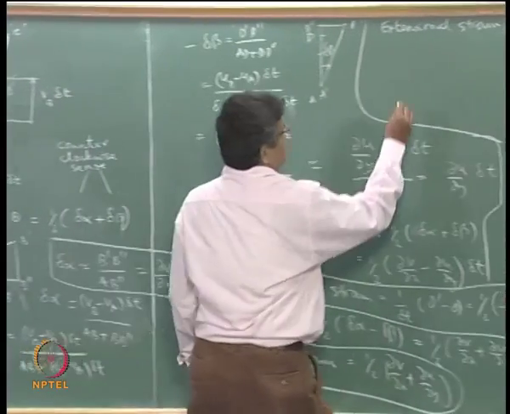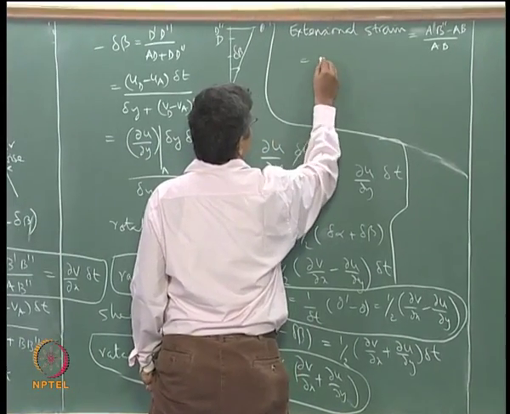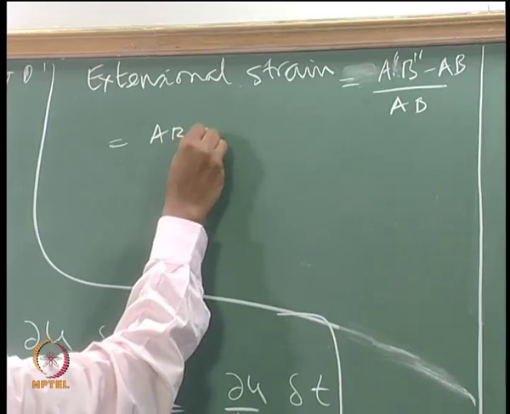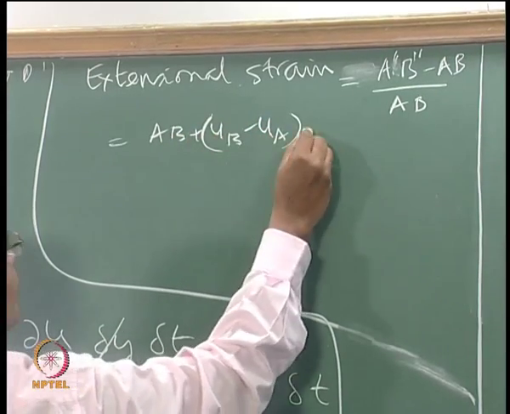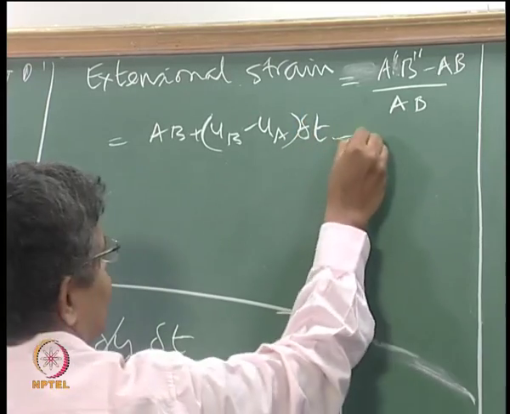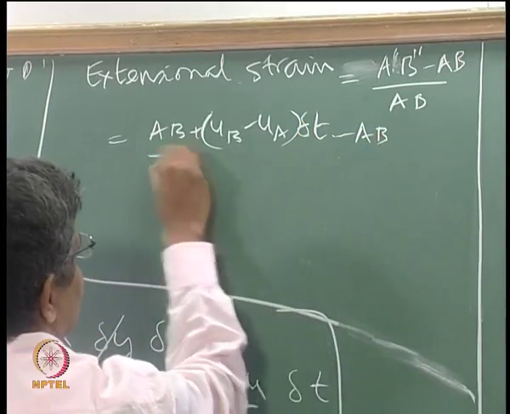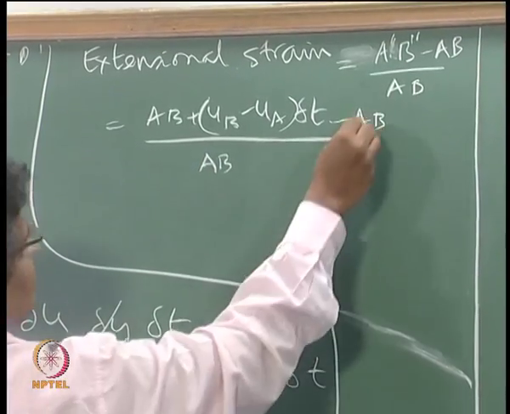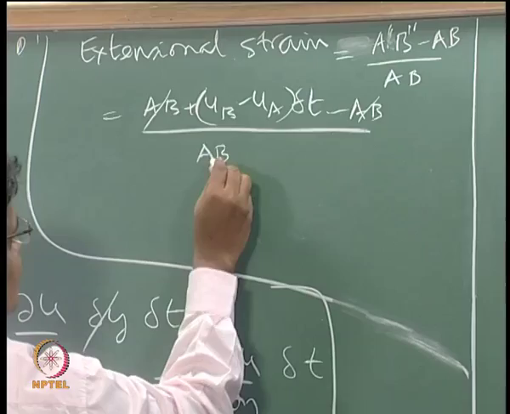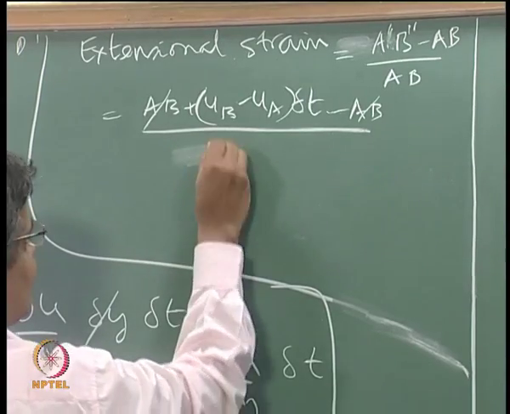So this particular thing is ab plus ub minus ua times delta t minus ab by ab. Okay, so this and this cancel out, and this ab is nothing but delta x.